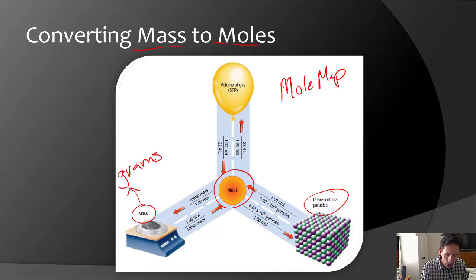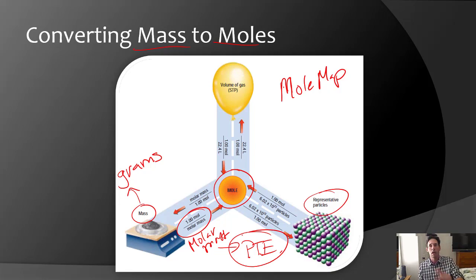And in order to convert from mass to mole or mole to mass, I need, wait for it, the molar mass. And where do we get our molar mass from? I'm hoping you're saying we can look it up, add it all up, and get it from the periodic table of elements.